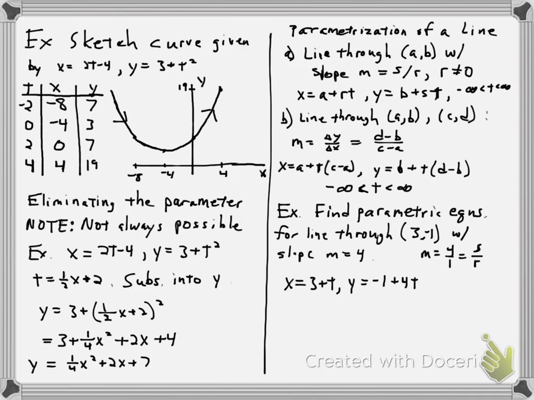Now this should make sense. The way we place s and r should make sense, since for each unit increment of t, x moves to the right by 1 and y moves up by 4, and that would give us something that has a slope of 4. So this would be the parametrization, and we could plot the line, but I'll leave that as an exercise.